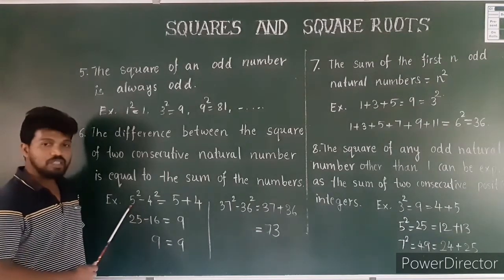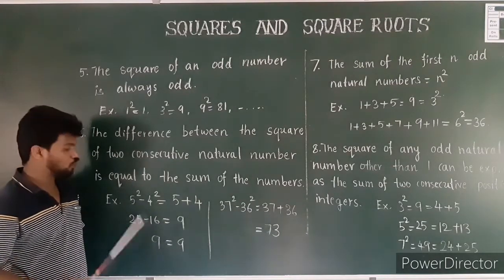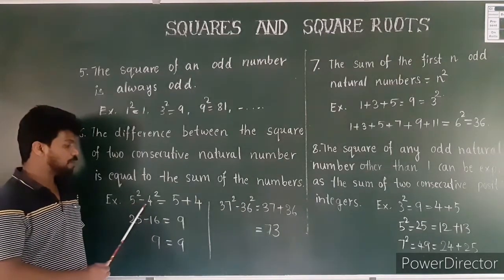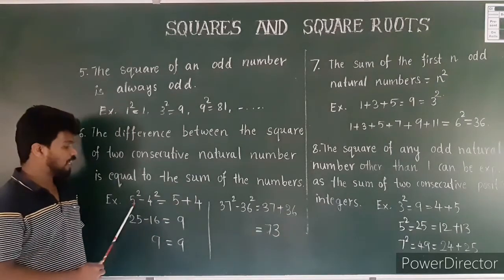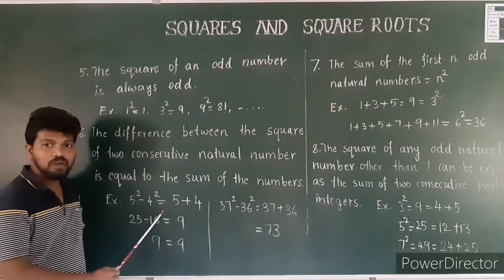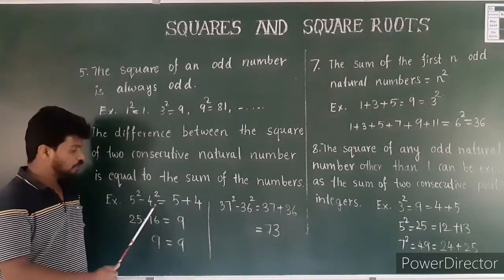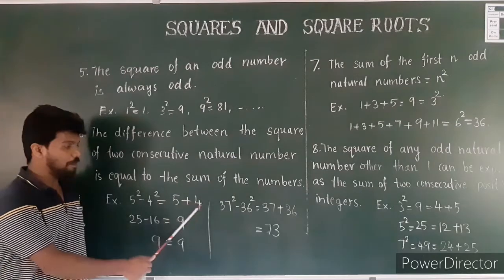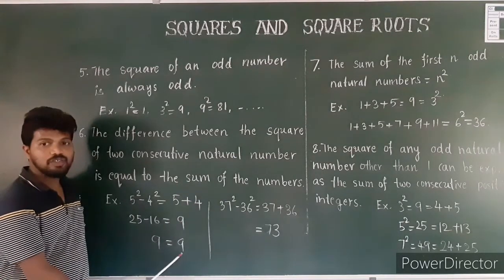So that is 5 square minus 4 square, or 3 square minus 2 square, like that. 5 square minus 4 square is equal to 5 plus 4. 5 square is 25, 4 square is 16. 5 plus 4 you get 9, and 25 minus 16 you get 9. So 9 equals 9.